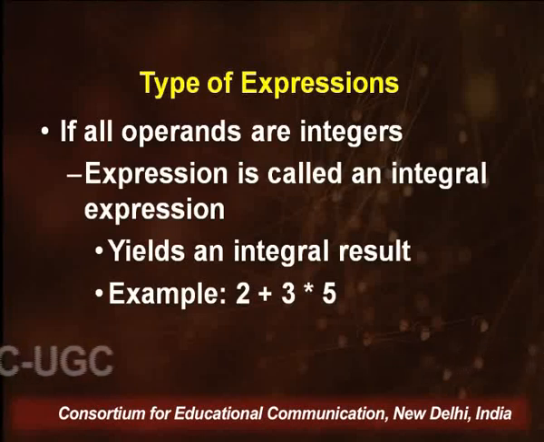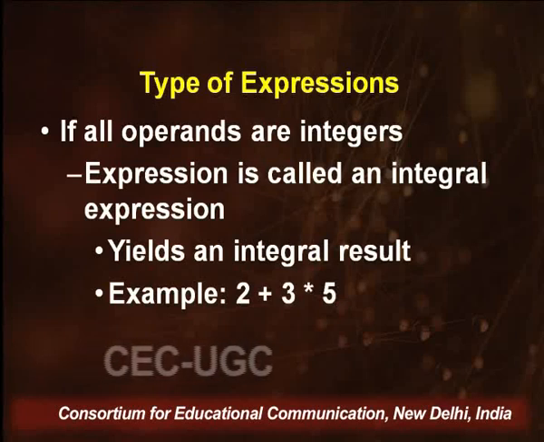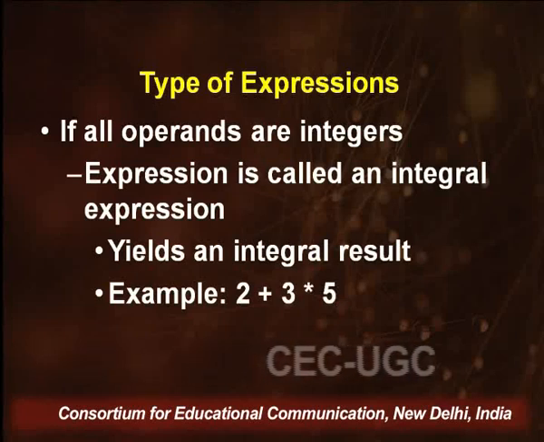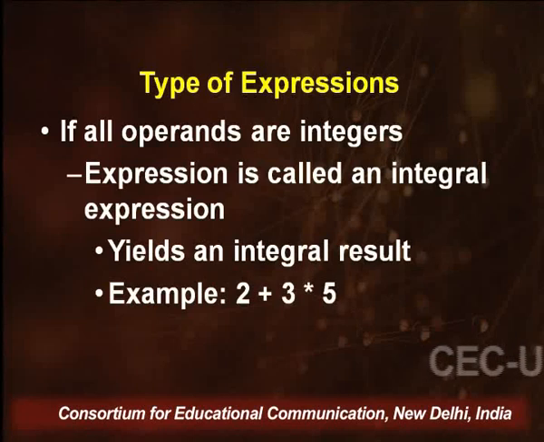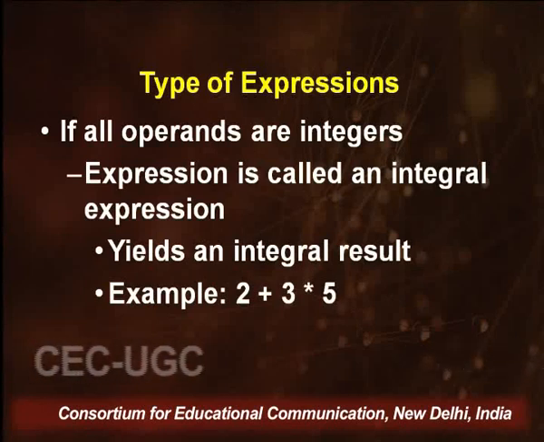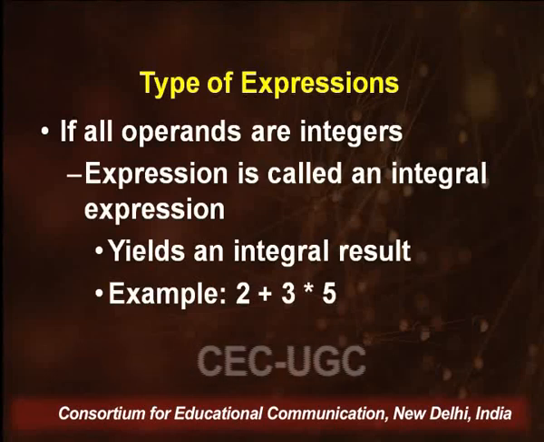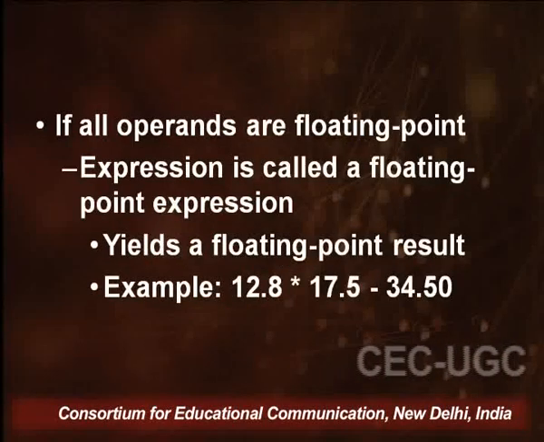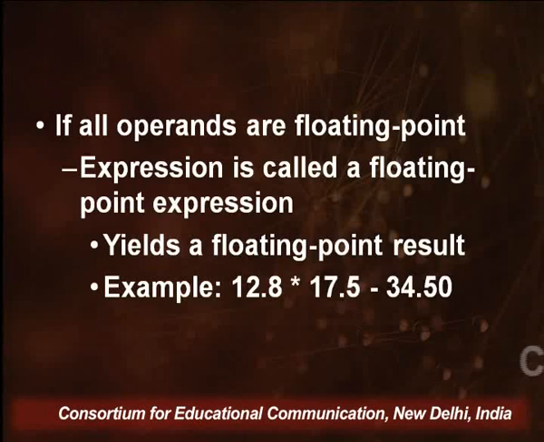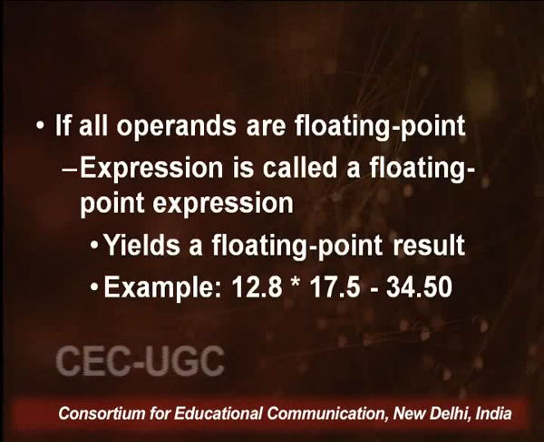A simple example is 2 plus 3 multiplied by 5, in which we take multiplication first and the result is summed with 2. Simple enough. If all the operands are floating type, the expression is called a floating point expression, and it yields real numbers, something like 12.8 multiplied by 17.5 minus some real value, and so on.